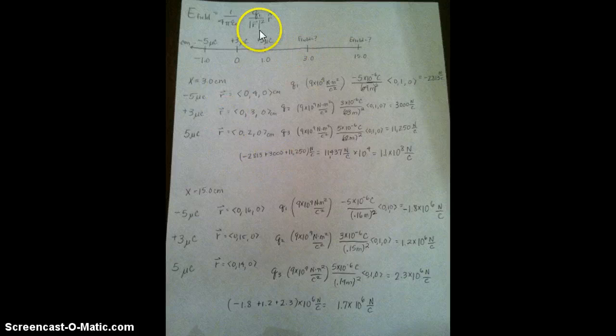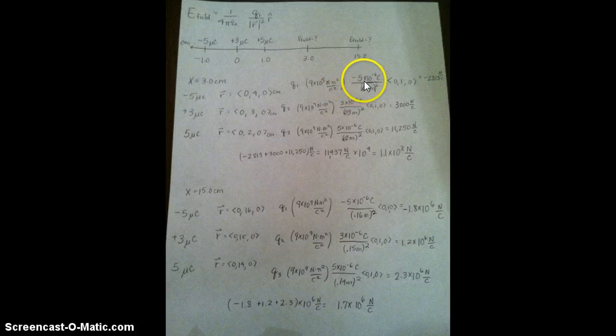So we're going to use the equation for electric field, which is 1 over 4 pi epsilon naught times q over r squared times r hat. Our 1 over 4 pi epsilon naught is simply a constant, and that's here.